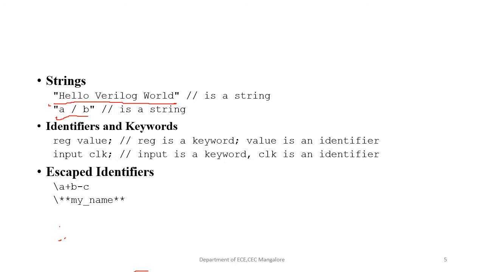For example, a 4-bit full adder: you have a b 4-bit, and a 4-bit output sum, and c out, and another input c in. So a, b, c in, sum and c out are identifiers. That is represented like this. This is the identifier, whatever name is there.